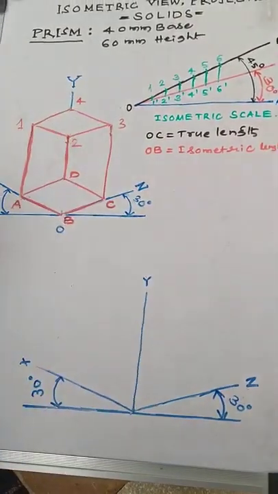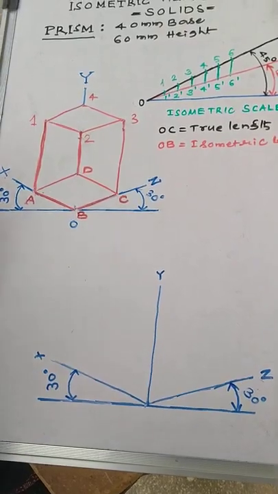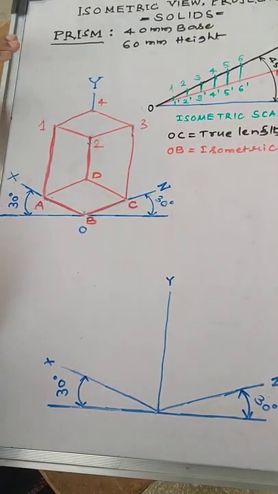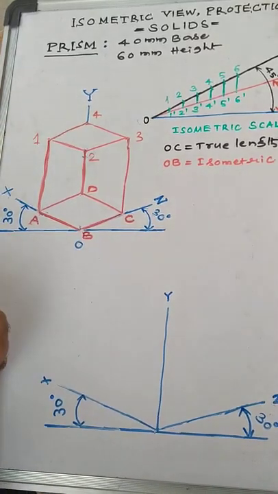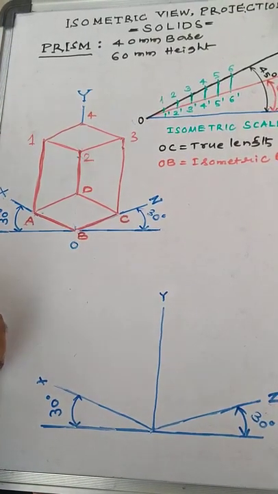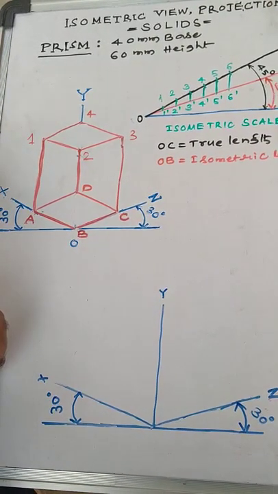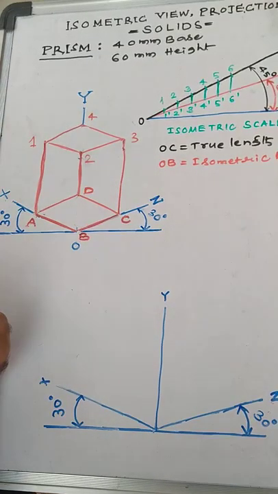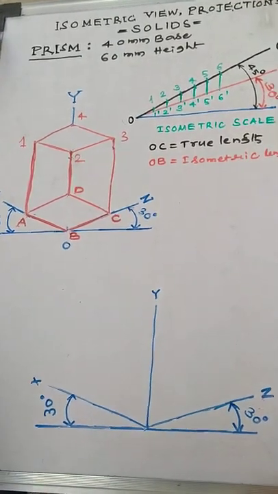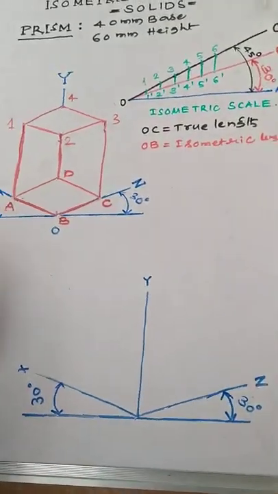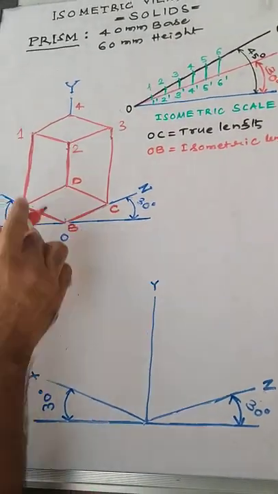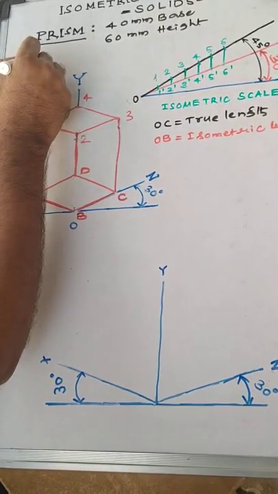It is not going to be visible. So now the isometric projection of the prism looks like it is in a vertical condition. This is the isometric projection only.